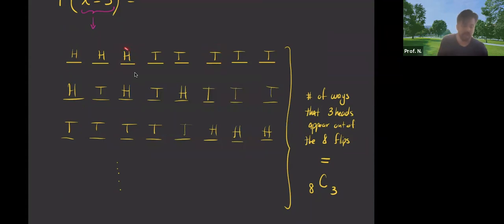This is one way, right? The first 3 are heads. This is another way where the heads are one after the other, but they're off by 1. All the heads are at the end. And then all the heads could be within the flipping of the coins. So 8 choose 3 will give me precisely the number of ways that I can select 3 of the slots to be heads.